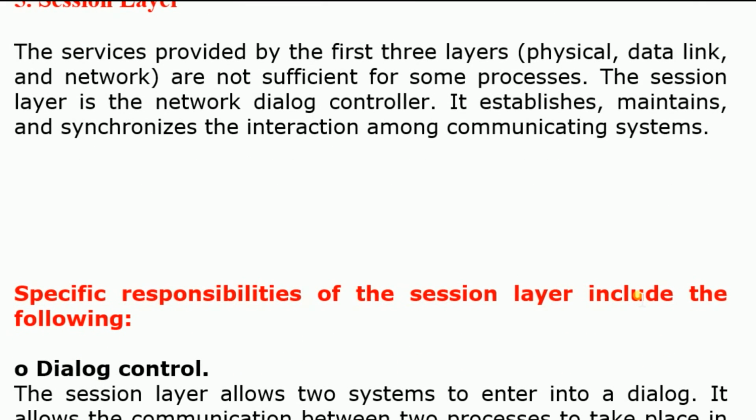When you are working on one process on a single computer, the process will be initialized with its own space, and we call that a session. The advantage of a session is that it saves time, and the session will be initialized on the same machine. When that process is finalized to send, then the session will send it to the next layer. That's the advantage of the session layer.